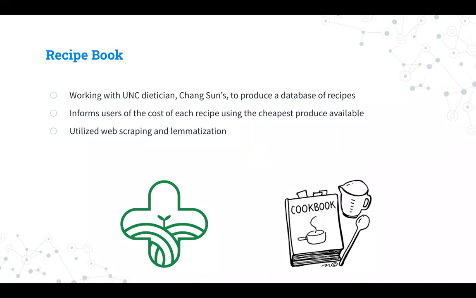We do this by web scraping data from grocery stores with information on prices of foods. Then we use a process called lemmatization to better match ingredients required to foods available in grocery stores. And we perform a bunch of calculations to calculate the cost of each recipe and the cost per serving.